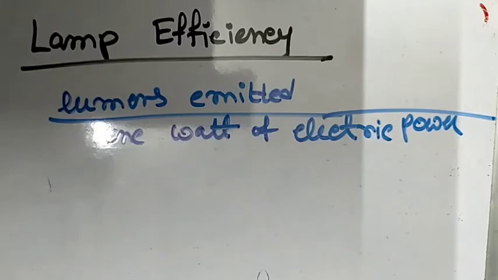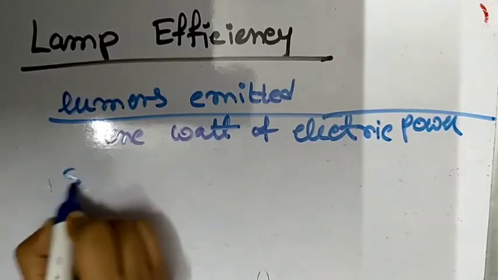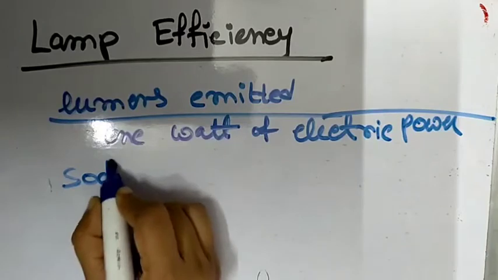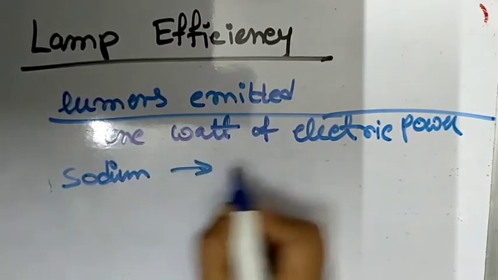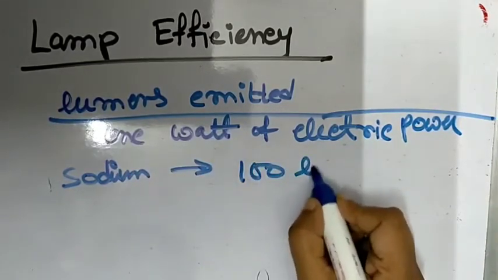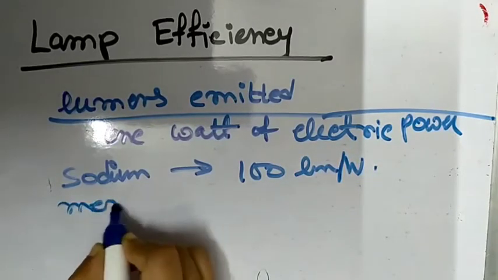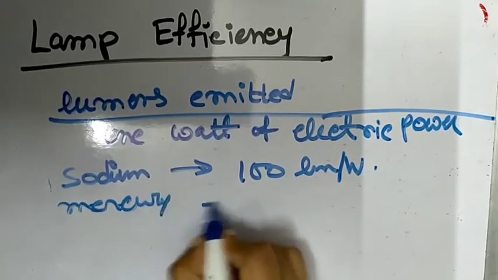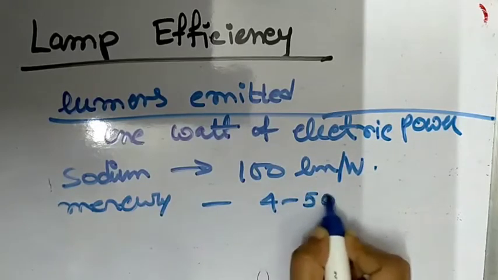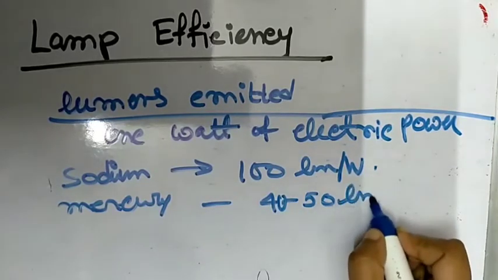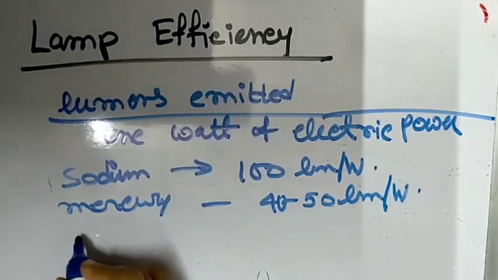Sodium lamp produces 100 lumen per watt. Mercury lamp produces 40 to 50 lumen per watt.